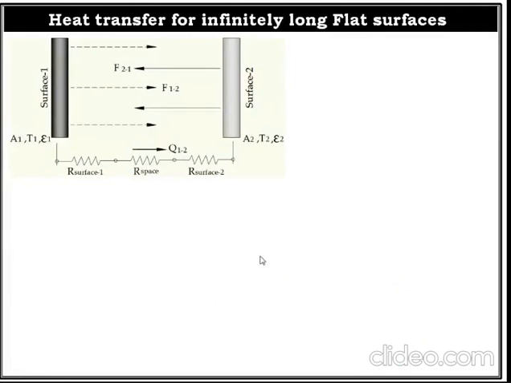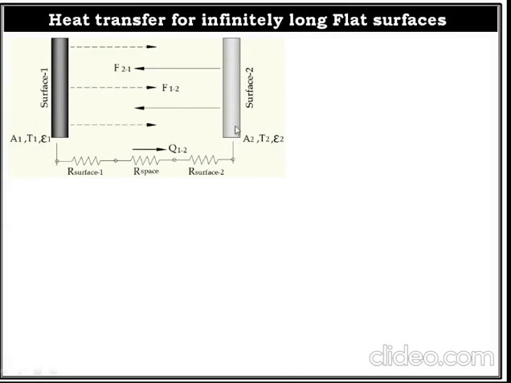Now the next concept. Suppose there are two infinitely long and flat surfaces. That means complete radiation gets absorbed by the second surface. Surface 1 has its own properties, surface 2 has different properties and a different shape factor.